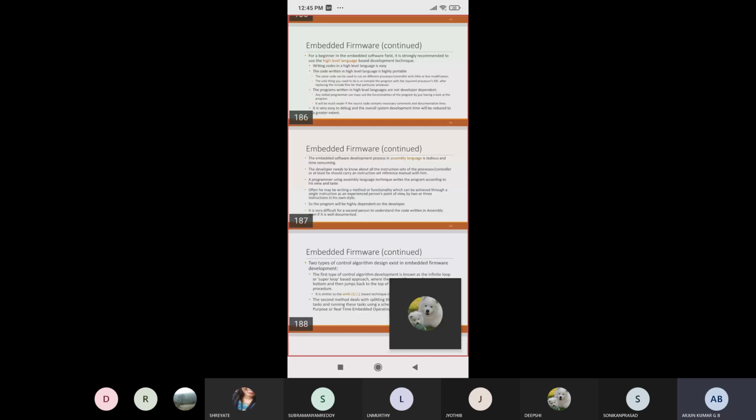That's why assembly language is time consuming. It takes more time to debug or run the program, and also takes more instructions.